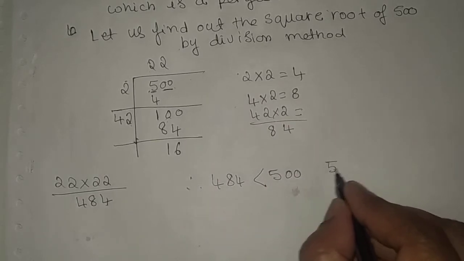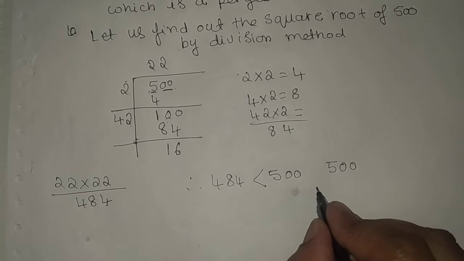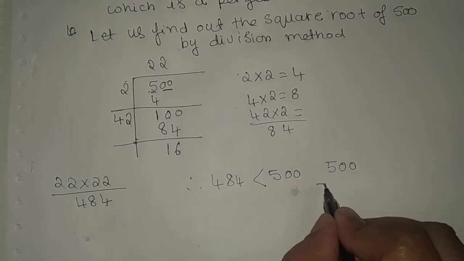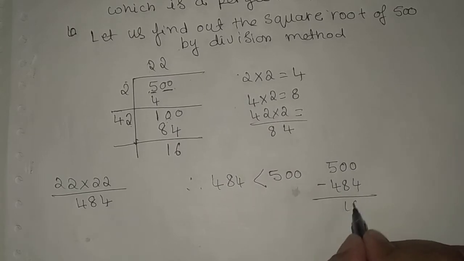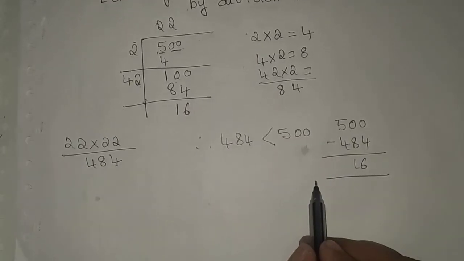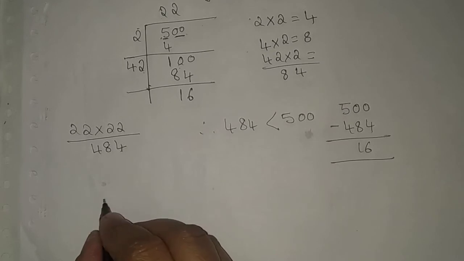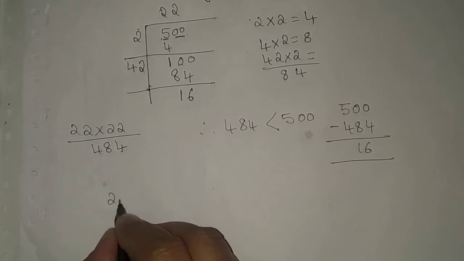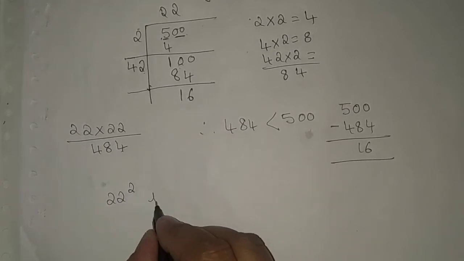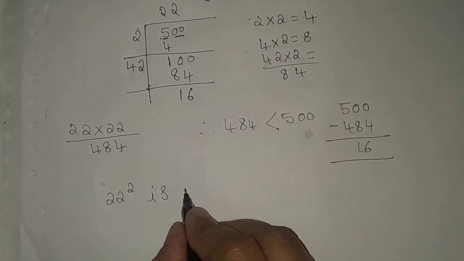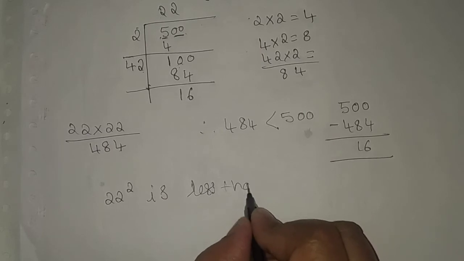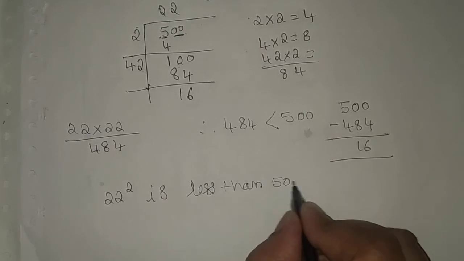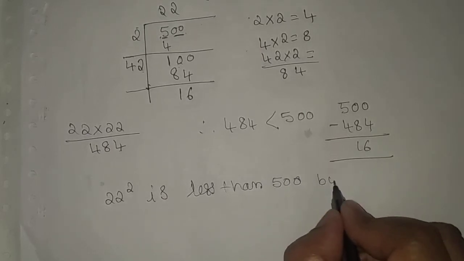Then 500 minus this 484, we will get 16. So 16. Finally what we write: 22 square is less than 500 by 16.